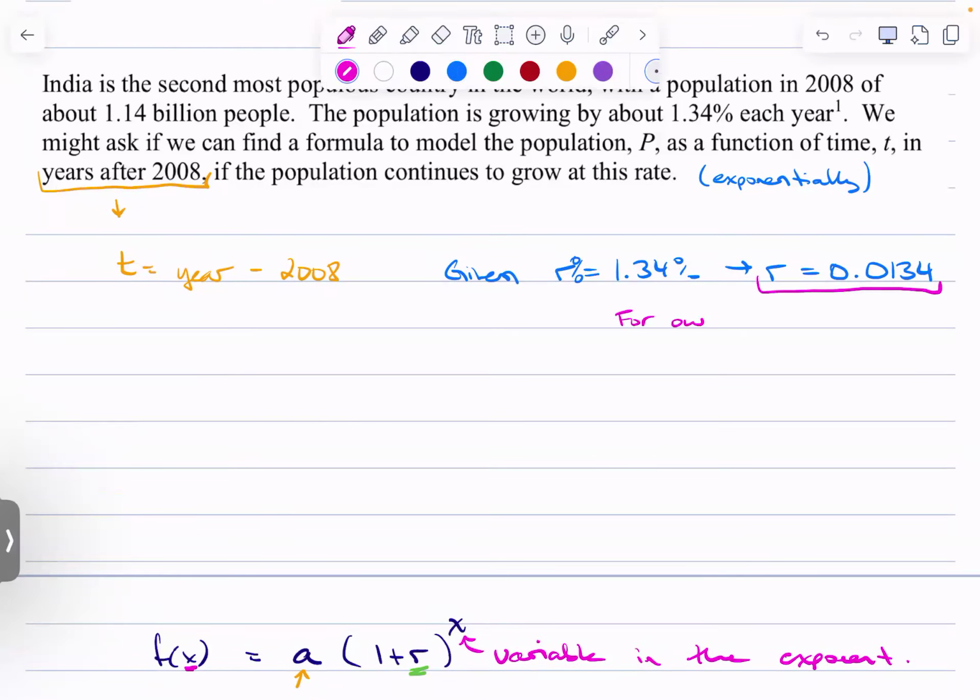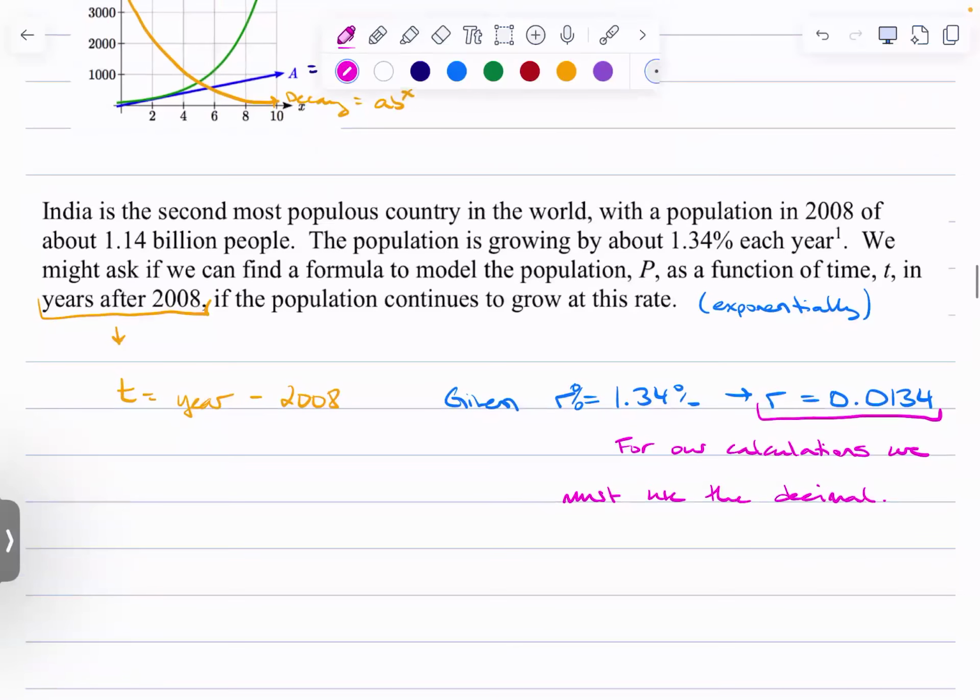For our calculations, we must use the decimal. That's true for almost all instances of percentages. You have to convert them to the decimal first.